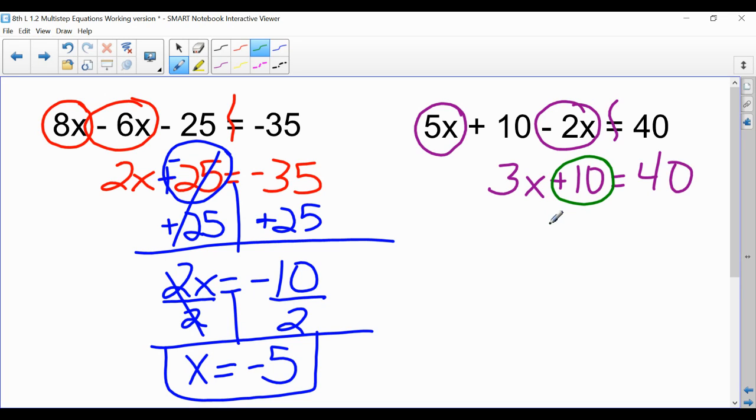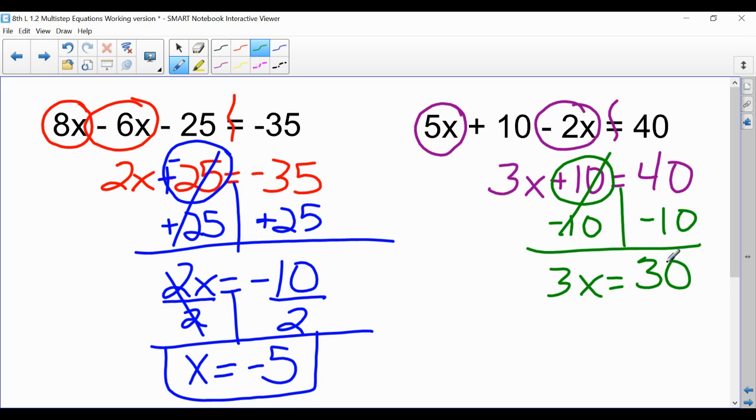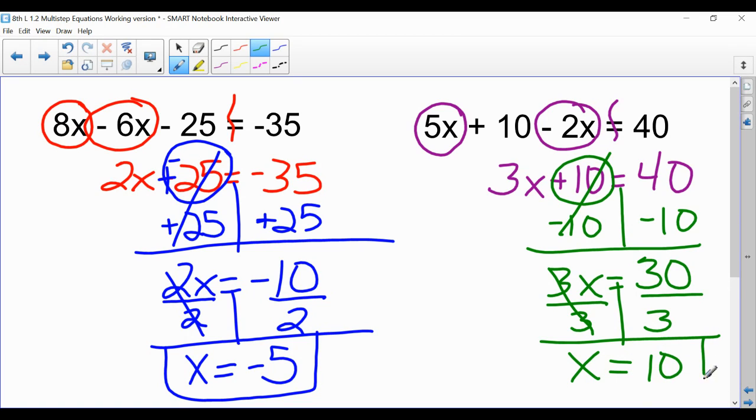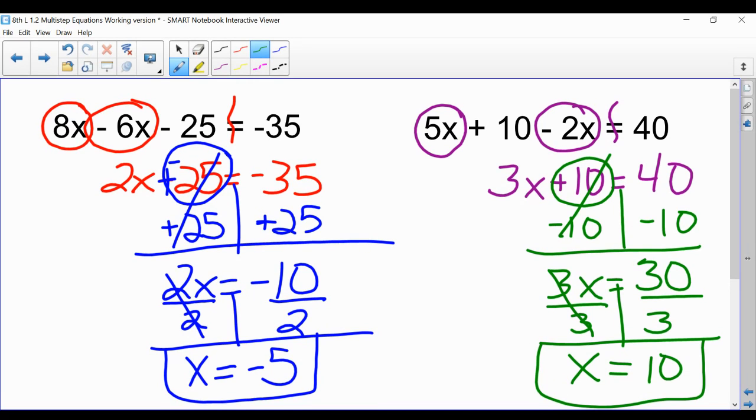So positive 10, opposite is negative 10. So I'm going to do that underneath to both sides. Cancel that out. I'm left with 3x equals 30. Number next to a letter is multiplication, so I need to divide to solve it. I'm left with x equals 10 as my final answer. Okay, now you're going to give some a try.